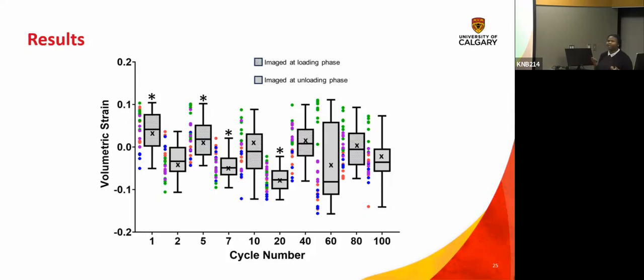So this became interesting, like, okay, what's going on? The load is applied, but the cell is still managing to gain a bit of volume. That was very interesting and weird, but digging through literature gave us lots of explanation, which I will talk about during the discussion.